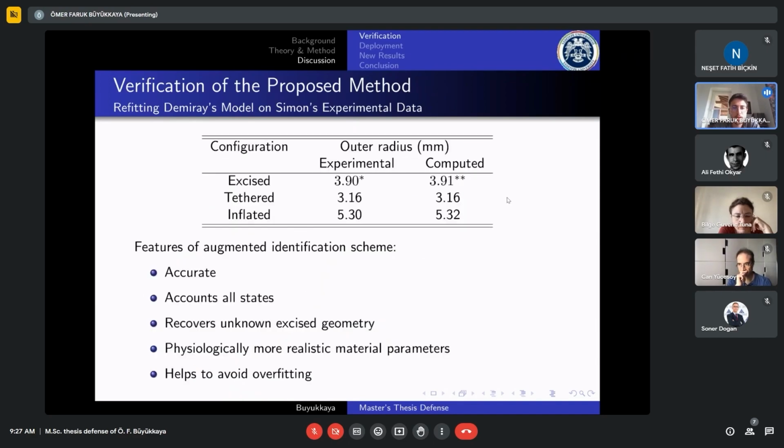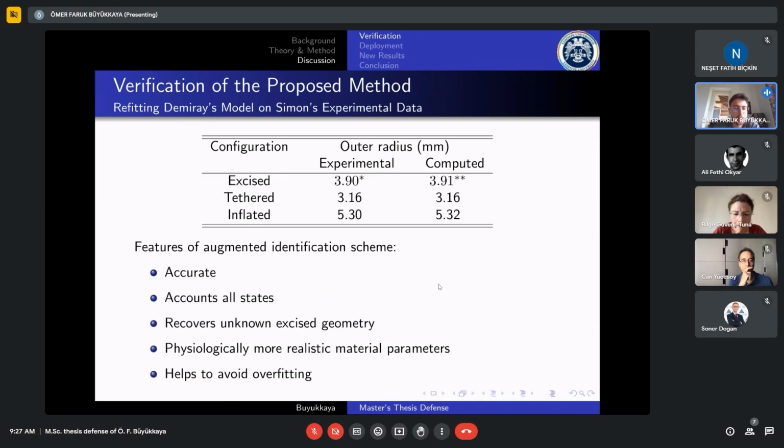Then the calculated radii are presented, including the tethering state, and it is seen that we get an accuracy higher than 0.99, and we are able to calculate all the radii.